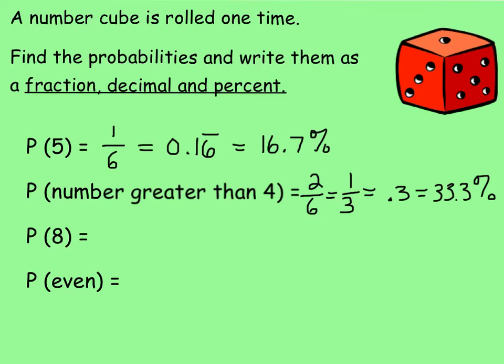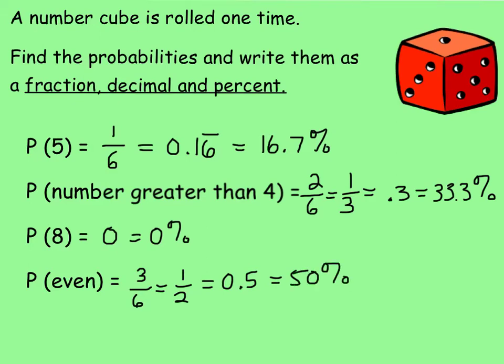Well, there aren't any 8s on a dice, so that would make 0, which would equal, as a decimal, the same thing, 0.0, and as a percent, just 0%. And lastly, the probability of rolling an even number. The even numbers are 2, 4, and 6, so that's 3 out of 6, which is 1/2. As a decimal, that equals 0.5, which is 50%.